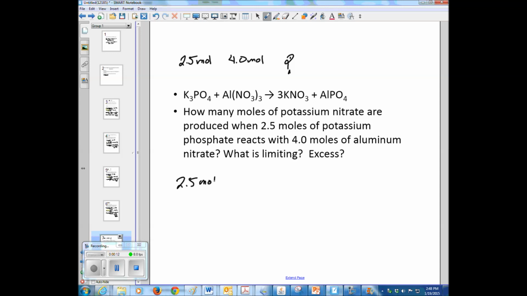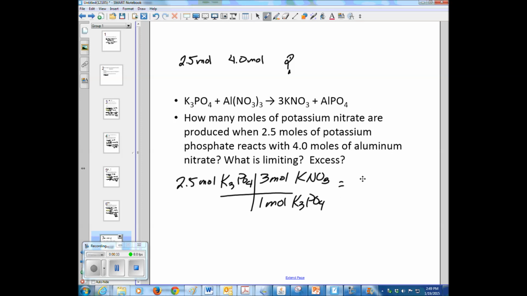2.5 moles of potassium phosphate, and our ratio here is 1 to 3. 1 mole of K3PO4 to every 3 moles of KNO3 will give us 7.5 moles of KNO3. Okay?